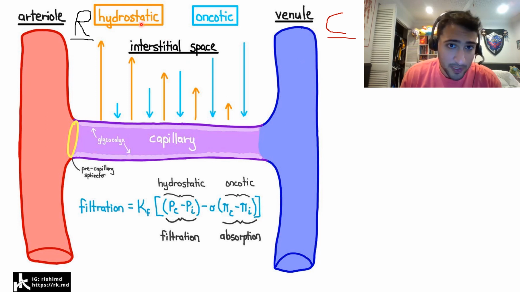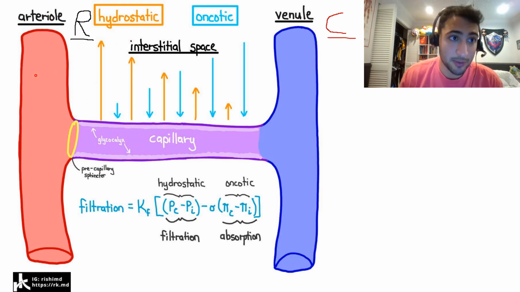And there's a couple of forces. These are the Starling forces, the hydrostatic force and the oncotic force. The hydrostatic force is the force of fluid on the walls of the vessel. So you can imagine in a high pressure resistance vessel system, by the time you get to the capillary on this side, you have a high hydrostatic pressure because this is a resistance vessel.